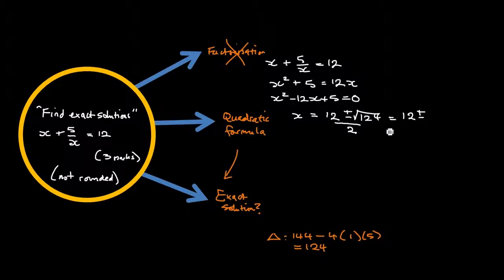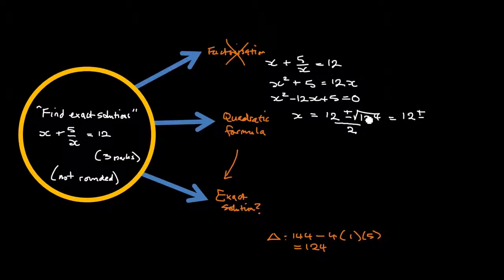Now what we want to look for under here is a square. Let's think about this. Have we got 4? So 2 squared, 4. Well, 124 divided by 2 is going to give us 62, and divided by 2 again is going to give us 31. So we certainly have got 4. Have we got 3 squared, 9?